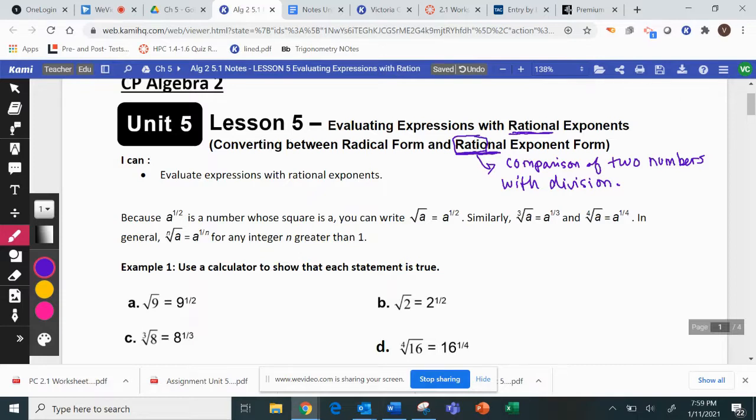So if I did like 5 divided by 3, that's going to be a ratio. Or if I did 6 divided by 7, that's a ratio. If I did x divided by y, that's a ratio. So when we see things like rational exponents, we're really talking about fraction exponents.